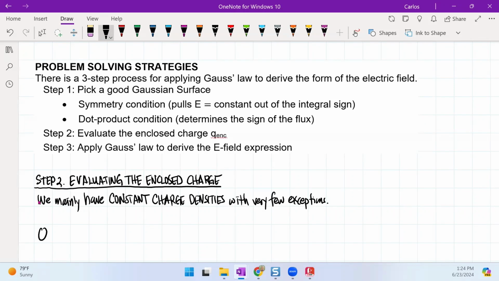So then the big question that we have is, how do conductors and dielectrics distribute charge?